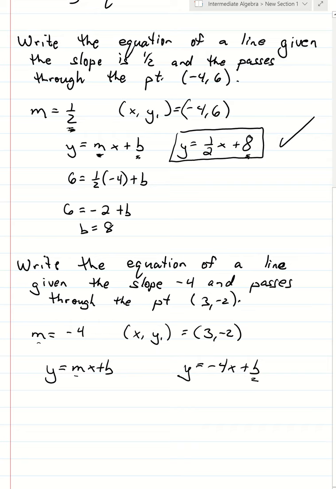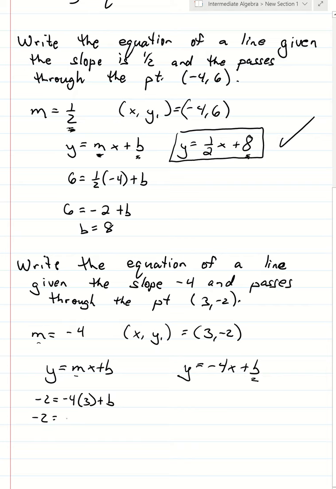And we can do that. Once again, I'm going to use our ordered pair and the slope, and let's plug into our formula. y is -2. m, we said, is -4, times x, which is 3, plus b, the unknown y-intercept.